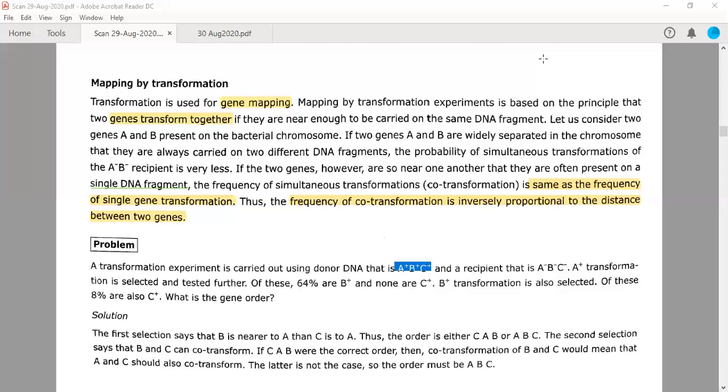And when the cell is lysed and the phage comes out, when it infects some new cell, it will help integrate the fragment of DNA into the new bacteria.